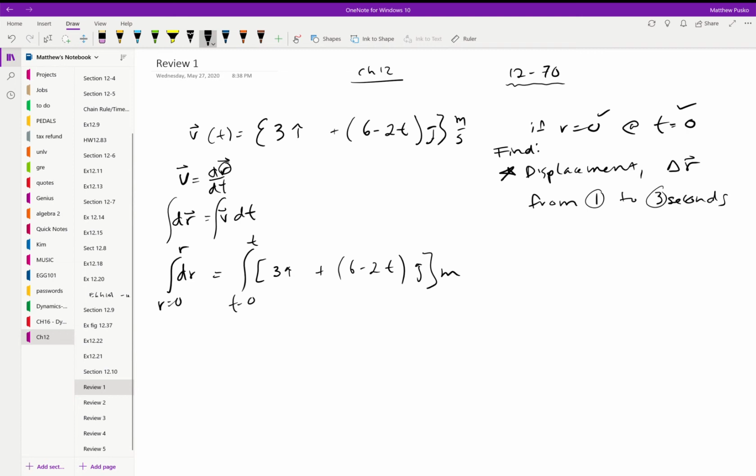Okay, integrating and evaluating at t is equal to 1. And that's still a vector.